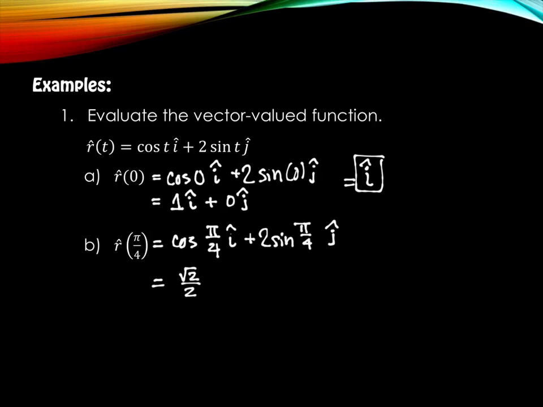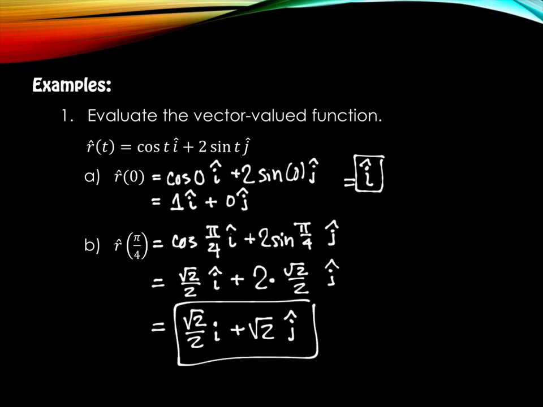Yeah, square root 2 over 2. How about the sine of pi over 4? Yep, and I have it multiplied by the 2 that's in front. So it's just square root 2. So we have square root 2 over 2 i plus square root 2 j. Make sense?